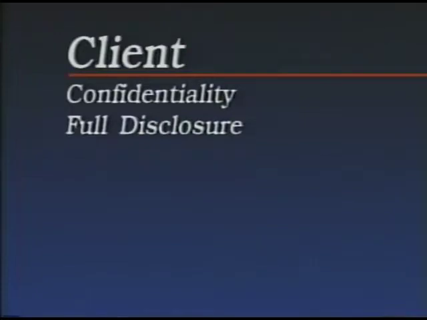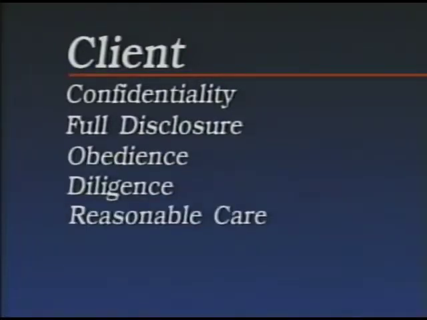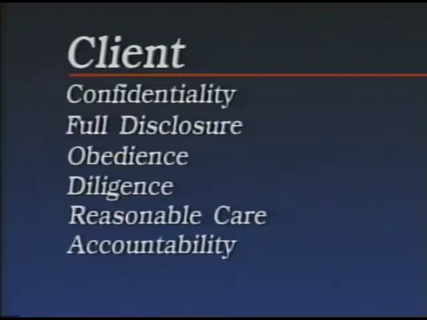As a client, your agent owes you obedience, diligence, and reasonable care. And in a client-level relationship, the agent must safeguard and account for all monies, property, or documents held in trust for their client. Finally, the agent owes the client loyalty. The agent must put your interest above all others, including the agent's own, and must avoid any conflicts of interest that would impact their ability to advise you.